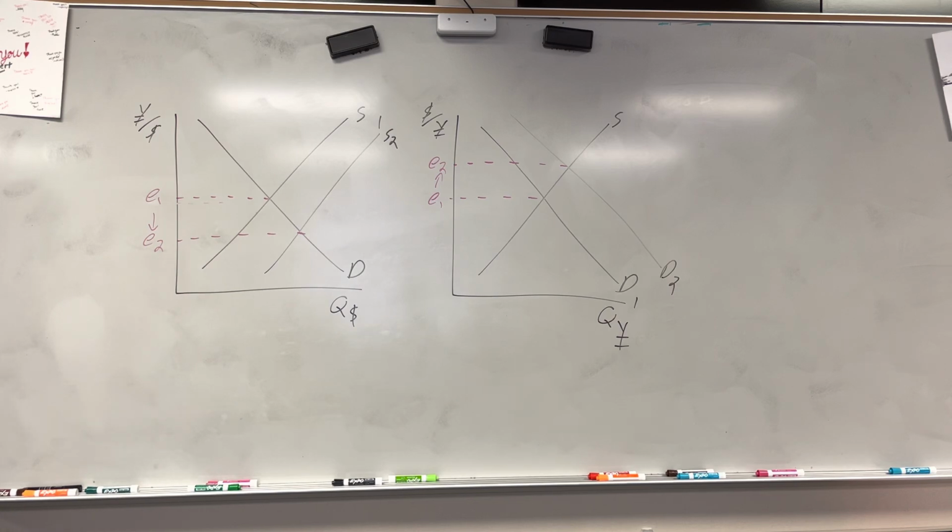Now, if a currency is weaker, what does that do to exports for that country? If the dollar becomes weaker, what will that do to U.S. exports? They'll export more. Why?